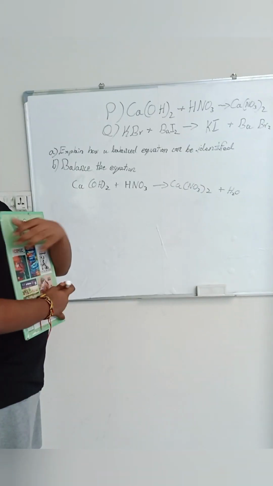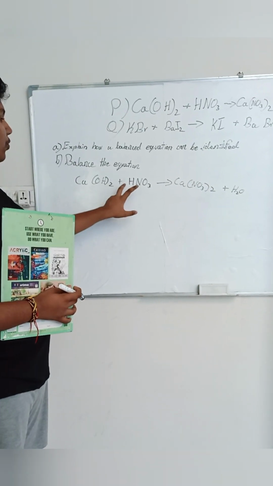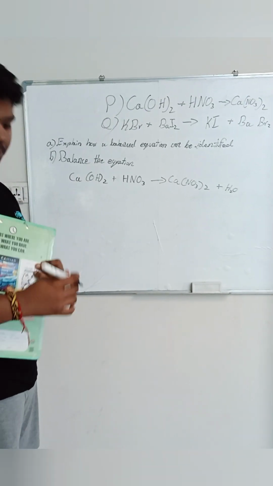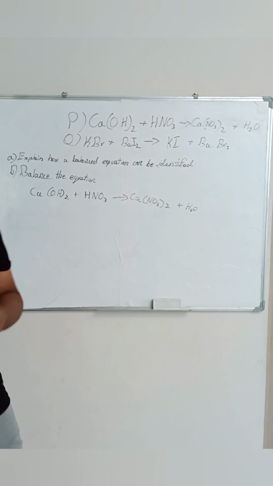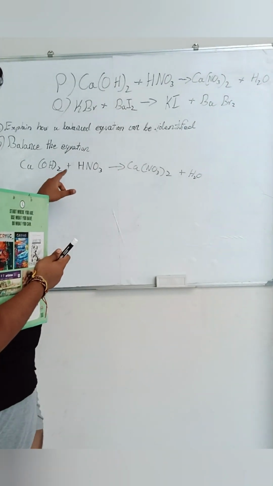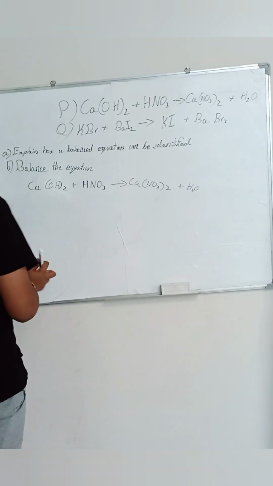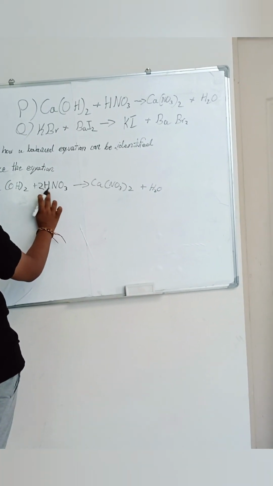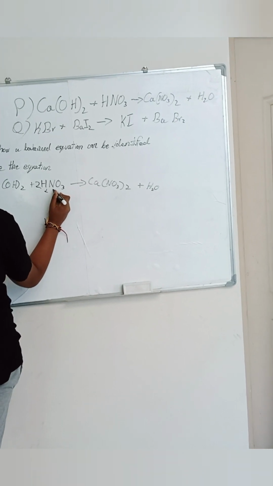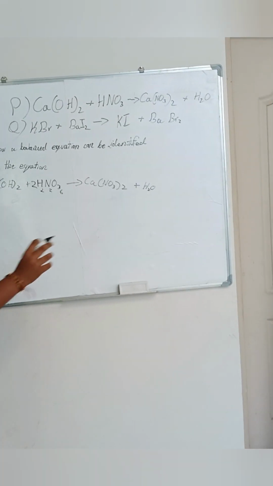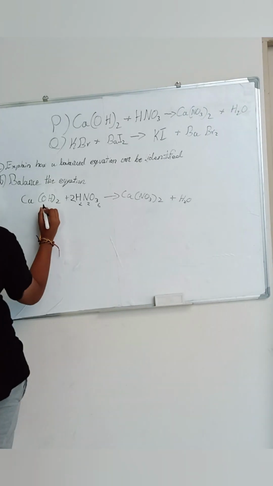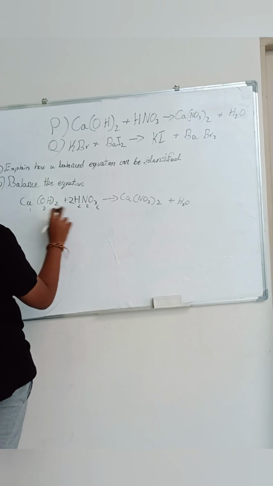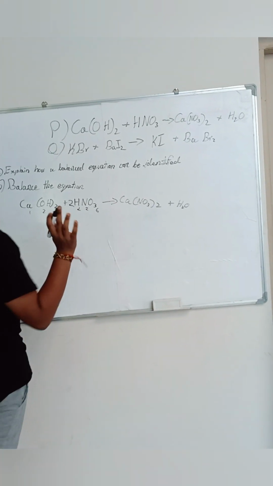So how do you balance it? Let's put a 2 here. If we put 2 here, what will be the balance? Let's check the atoms present. If we put 2 here, this will be H2, here also 2, here will be 6, and here 2 and 2, here is 1. So if we take this 2 and this 6, it will be 8, right?